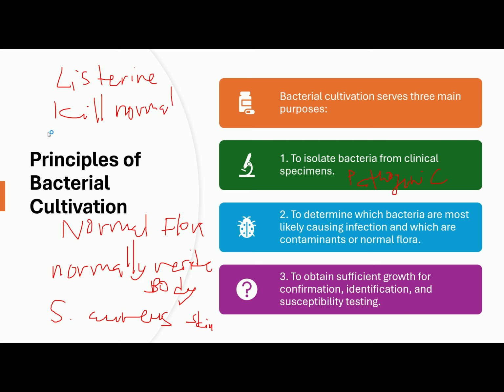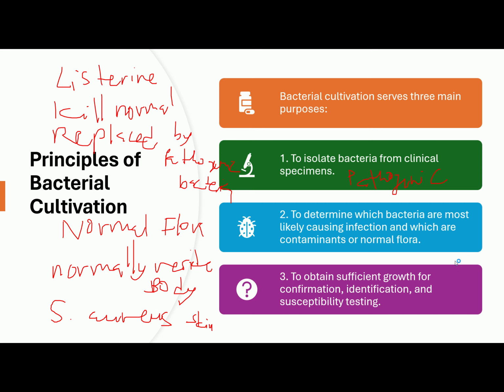And when that happens, the normal flora would be replaced by pathogenic bacteria. That is why in some cases, even though you keep taking mouthwash, the bad breath stays. The reason is that the normal flora has already been replaced by pathogenic bacteria.